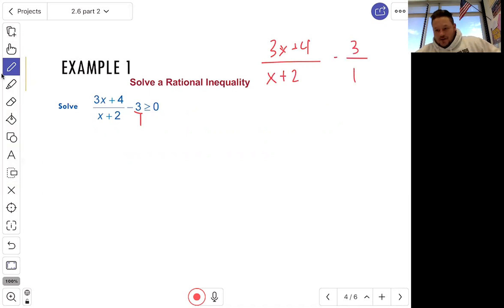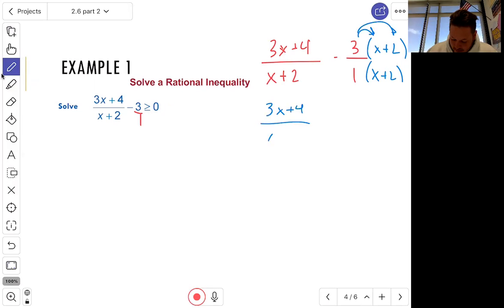Now, in order to add or subtract fractions, we know that we have to have a common denominator. So I need to multiply this one by x plus 2. What I do to the bottom, I do to the top. And so now I'm going to distribute here. So I get 3x plus 4 over x plus 2 minus 3x plus 6 over x plus 2.